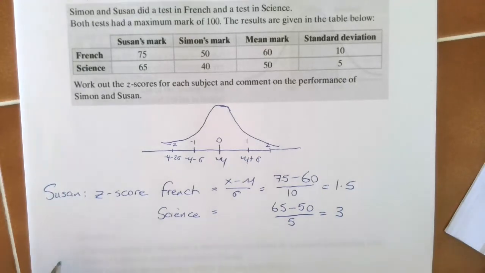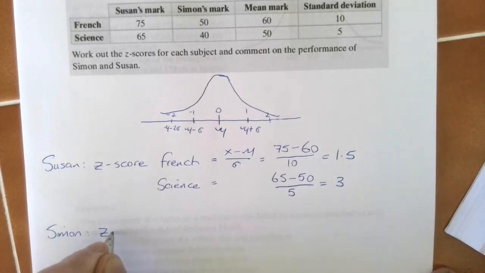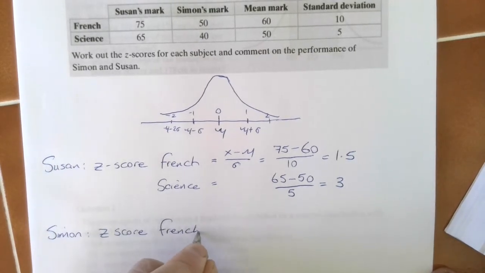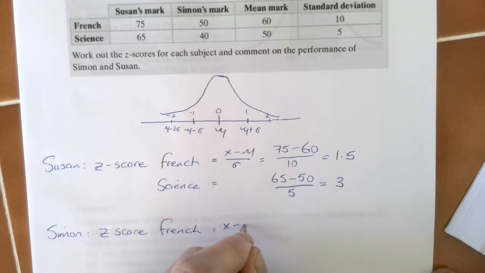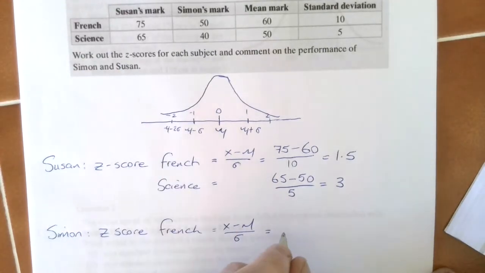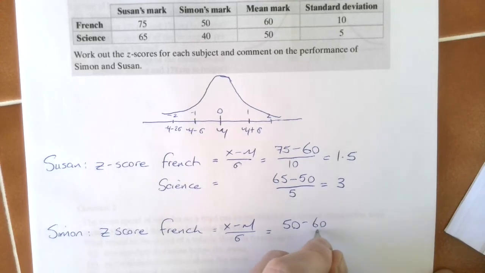Then for the next one, we will also do it for Simon. First of all, looking at the z-score for French. Again, you can write down the formula if you want, and we will fill the values in. His score in French, he got 50, minus the mean, which was 60, and then the standard deviation of 10.